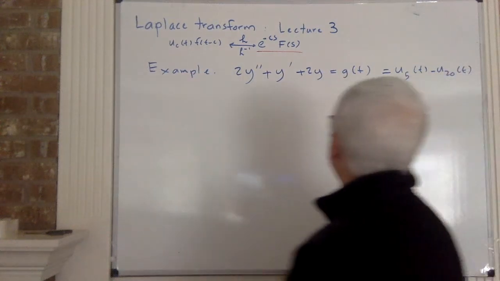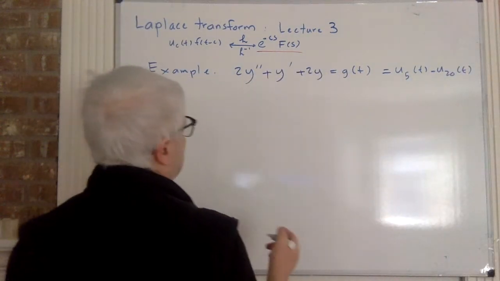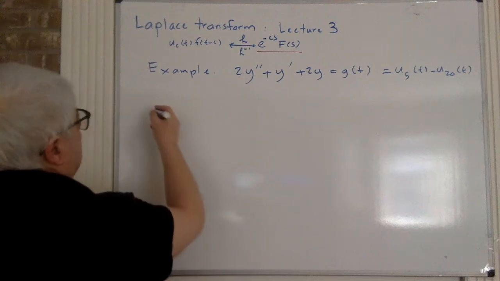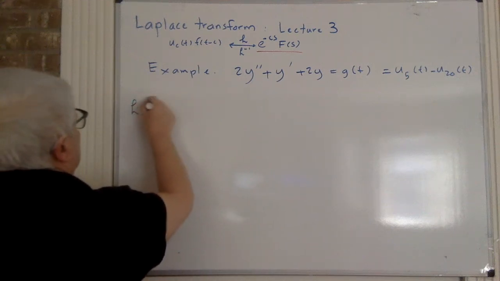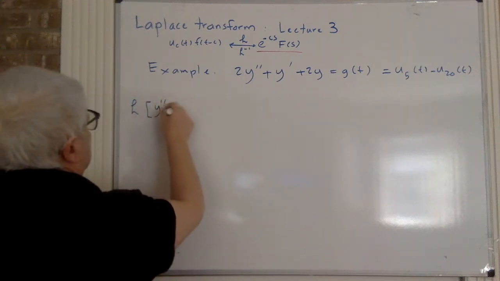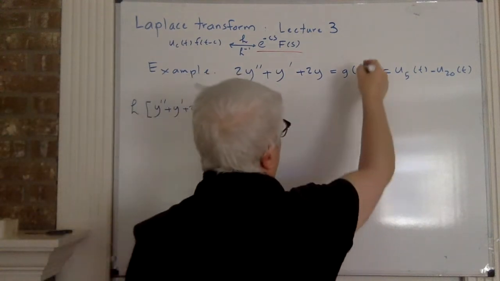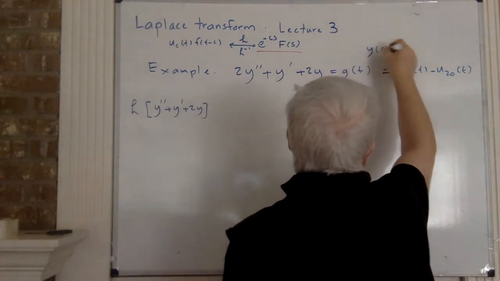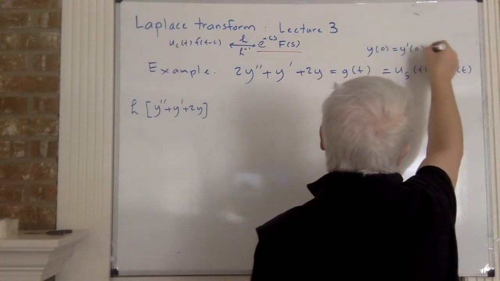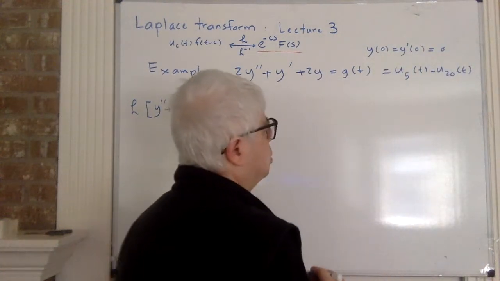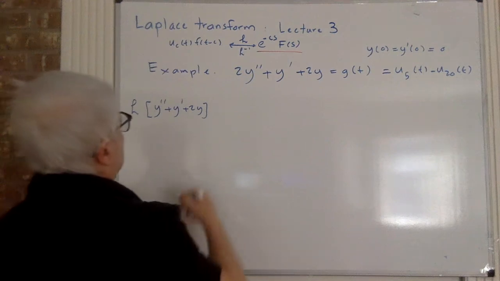So let's see. Let's apply the Laplace transform L to y'' plus y' plus 2y, and we assume that y(0) and y'(0) are both 0. So let's just assume it starts at 0.